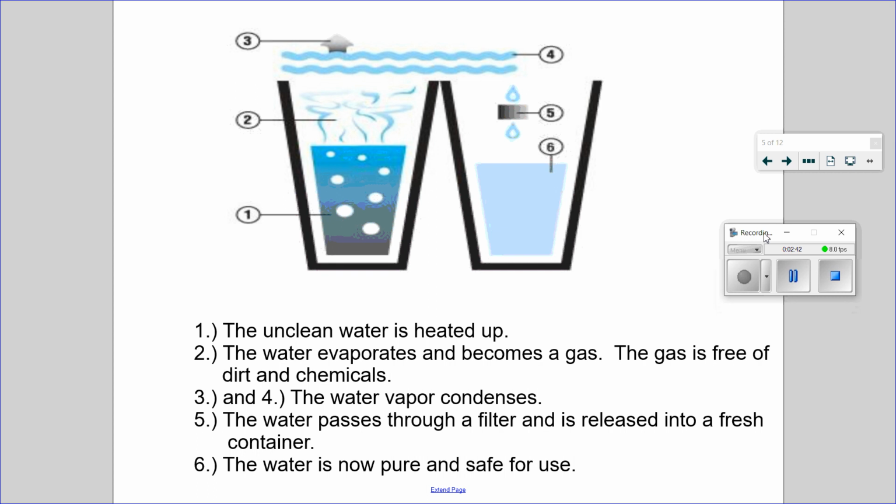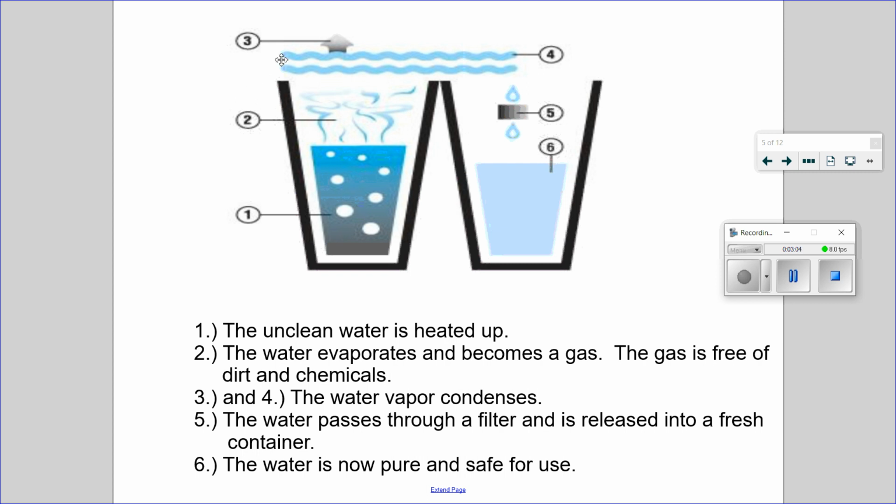So we're going to start on the left side, move up, work our way across and then down. So step 1, the unclean water is heated up. Next, the water evaporates and becomes a gas. The gas is free of dirt and chemicals.